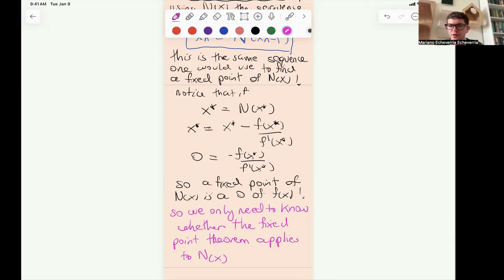For the fixed point theorem, what you want to check is whether the function is a contraction or not. That's the easiest thing to try. If you have a contraction, then the fixed point theorem basically works. So we want to know if the function is a contraction.